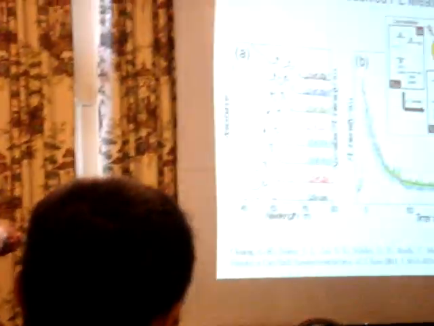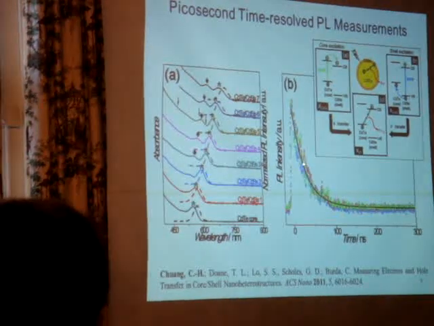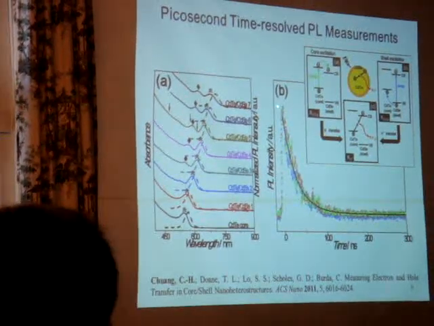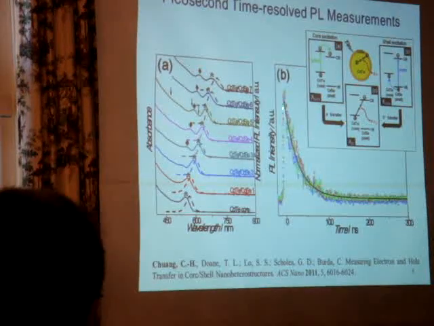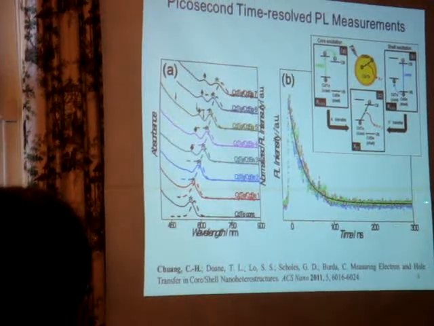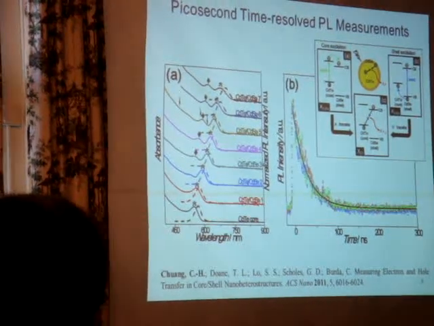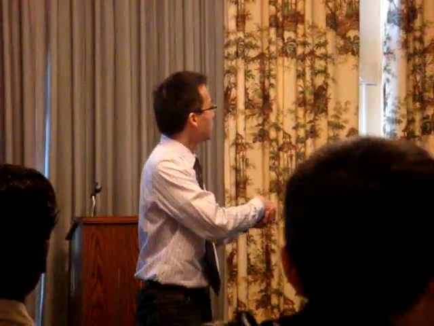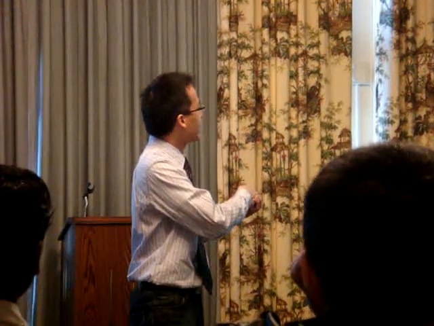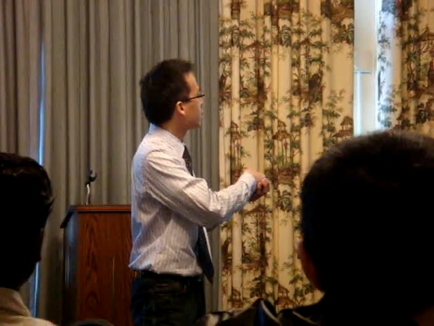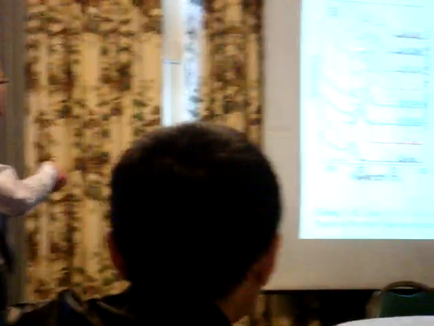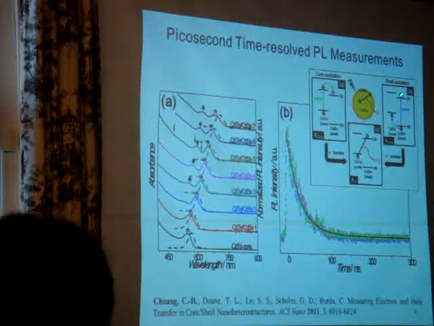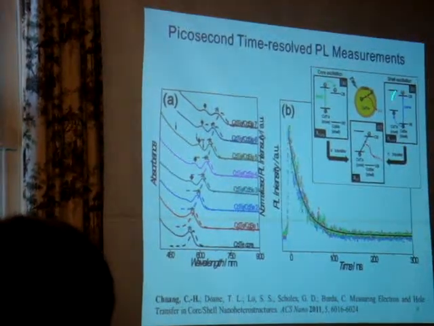So here are 3 colors, red, green, and blue. And I also use a single exponential decay to fit the PL lifetime. It turns out no matter what excitation you use, the first excitation wavelength just excites the core. The second excitation wavelength is actually resonant with the shell state.